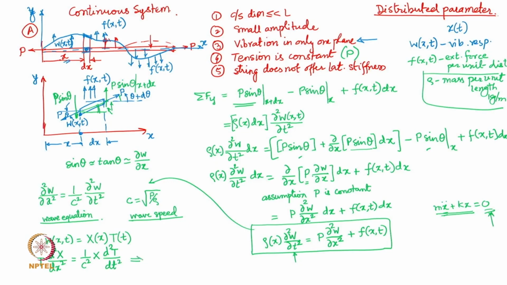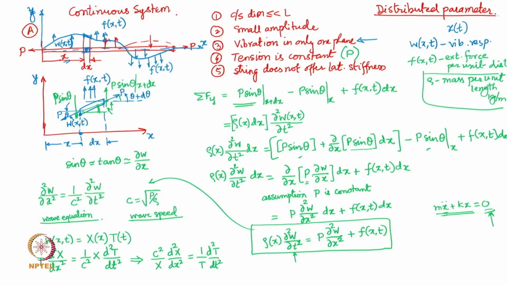I can rearrange this to write it this way: c² upon X d²X/dx² equal to 1 upon T d²T/dt².